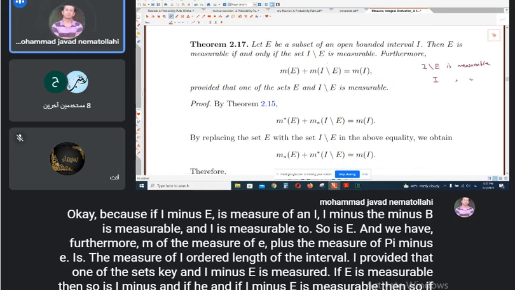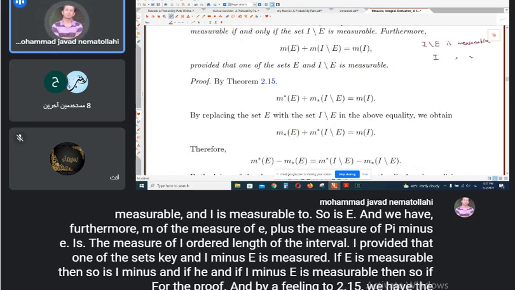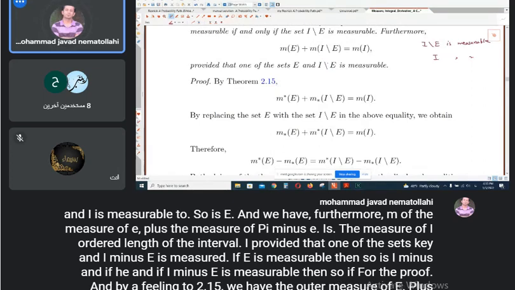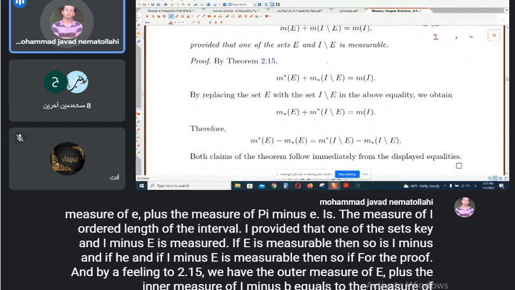For the proof, by theorem 2.15, we have the outer measure of E plus the inner measure of I minus E equals the measure of I, the length of the interval.